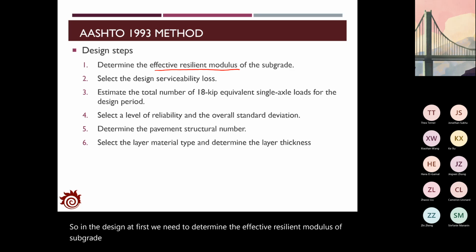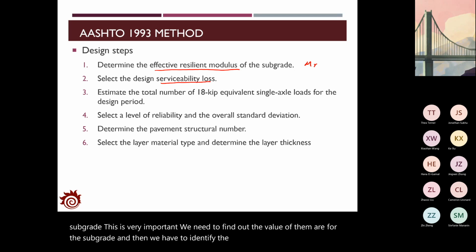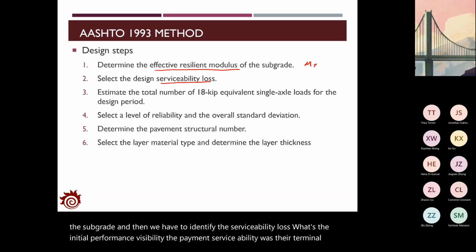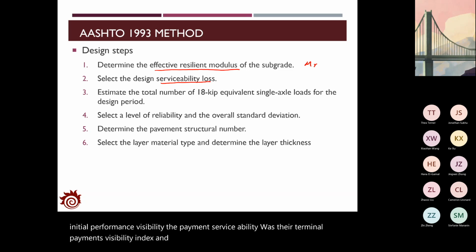This is very important. We need to find the value of the MR for the subgrade, and then we have to identify the serviceability loss. What's the initial pavement serviceability? What's the terminal pavement serviceability index? Find the difference, which will be the serviceability loss.